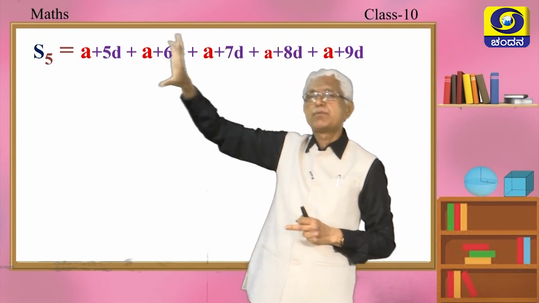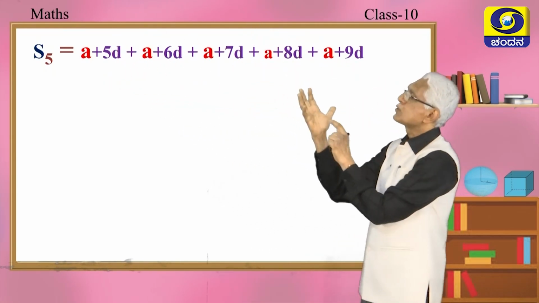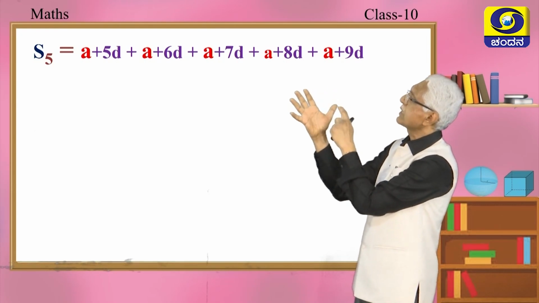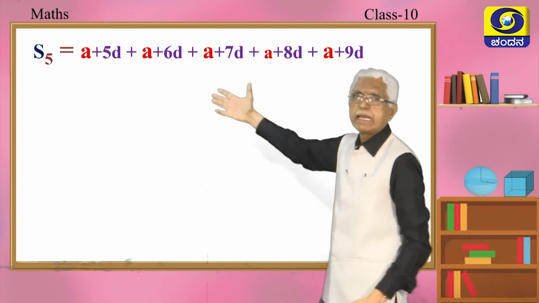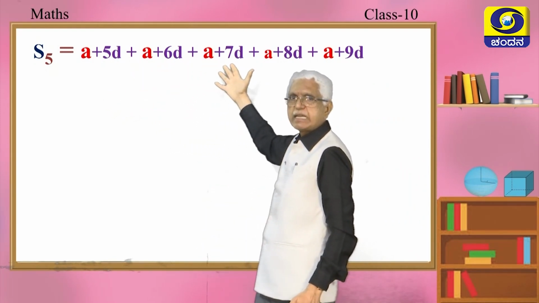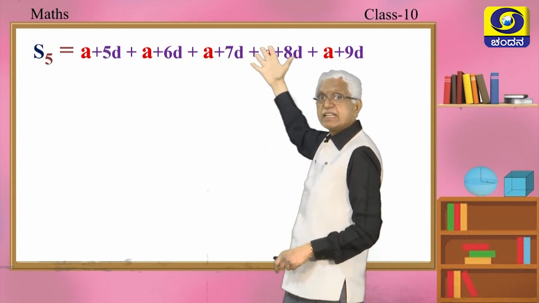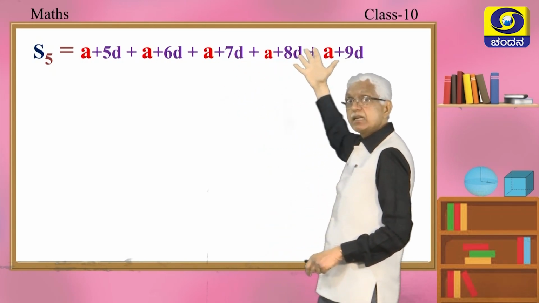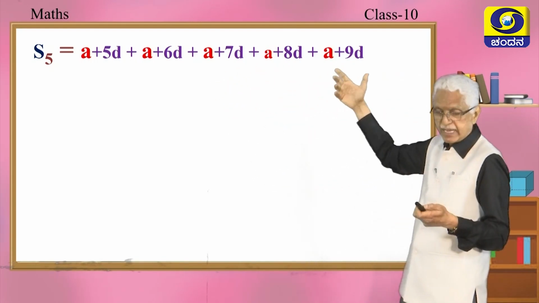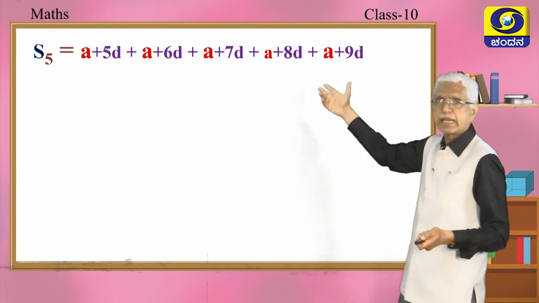So, I need the sum of the next 5. So, 6th term, 7th term, 8th term, 9th term, 10th term. 6th term is A plus 5D, 7th term is A plus 6D, 8th term is A plus 7D, 9th term is A plus 8D, 10th term is A plus 9D. So, this is S5, the sum of the next 5 terms, okay?